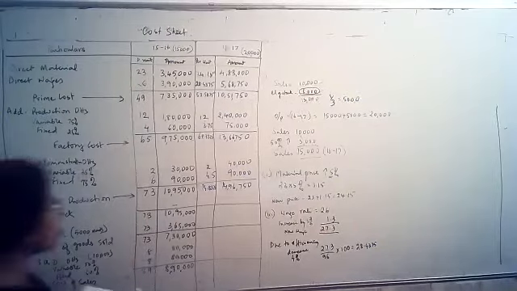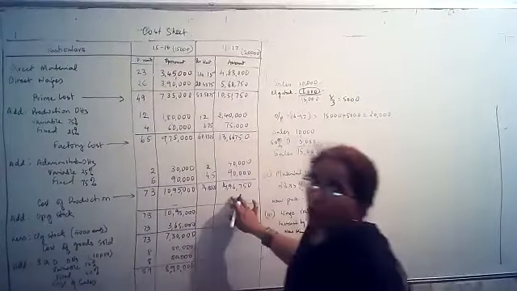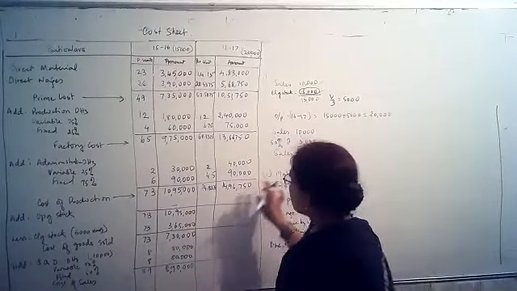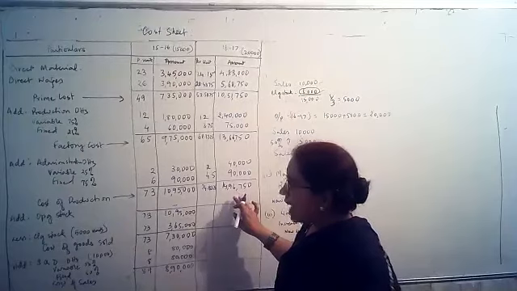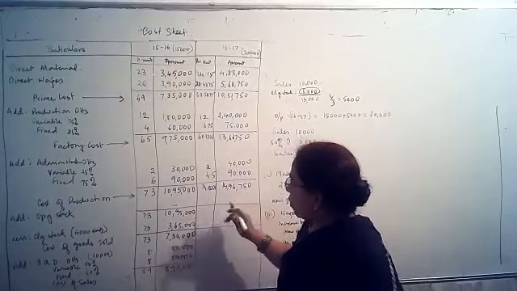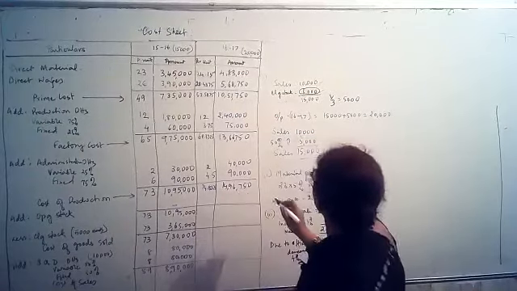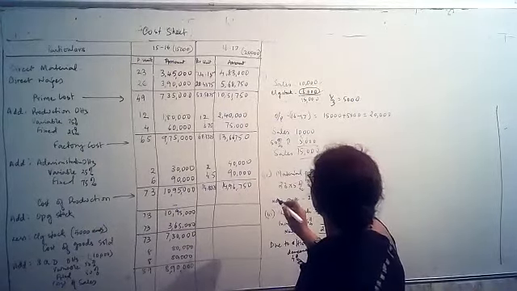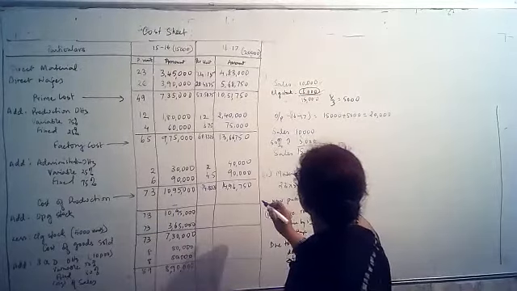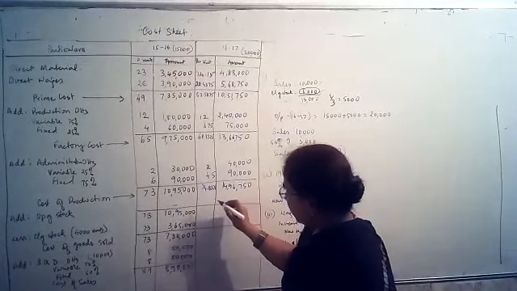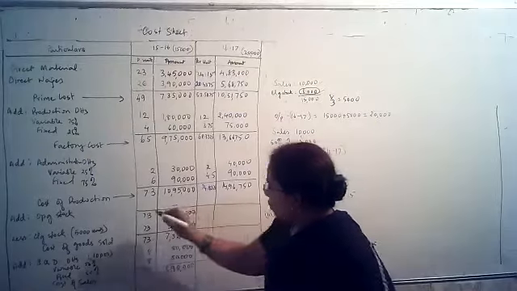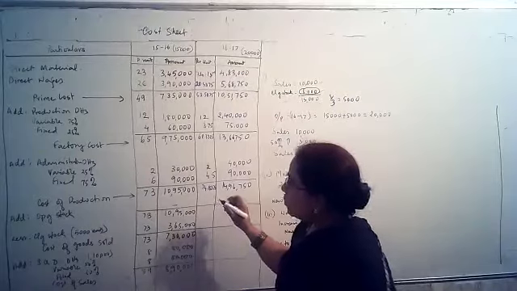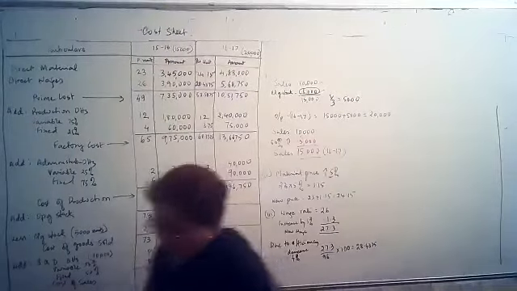I have an opening stock here, right? I have an opening stock of 5,000 units. I have to add the opening stock. What is the value for it? Value will be what I had already manufactured at 73 rupees.